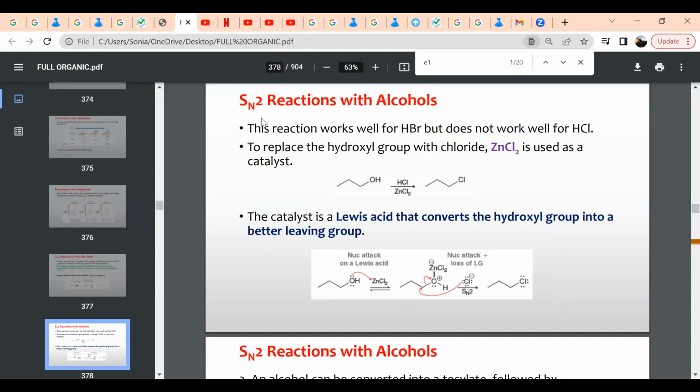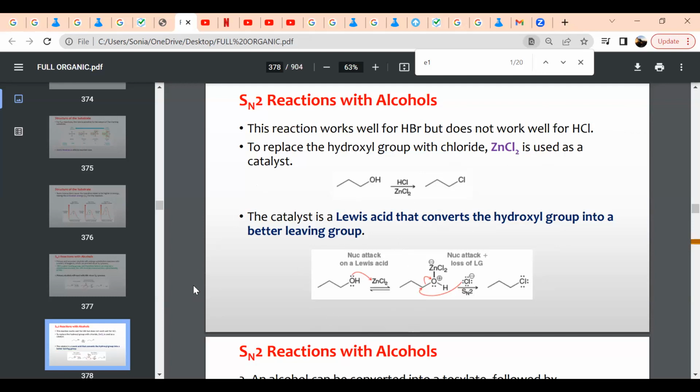So for SN2 reactions with alcohols, this reaction works well for HBr, but does not work well for HCl. So to replace the hydroxyl group with chloride, zinc chloride is used as a catalyst. This is just a different way the same reaction can occur.